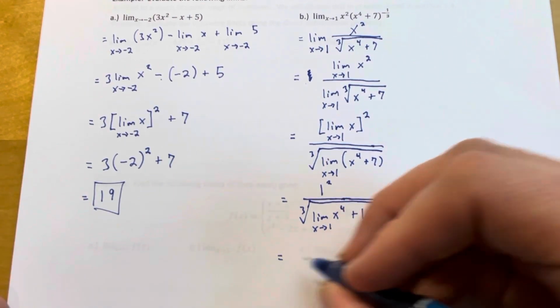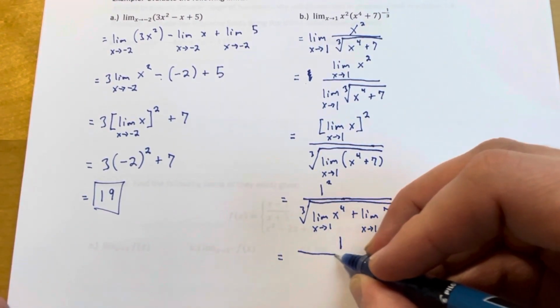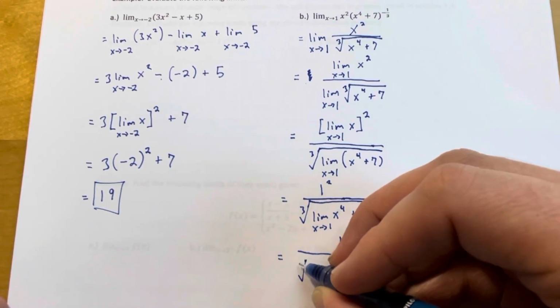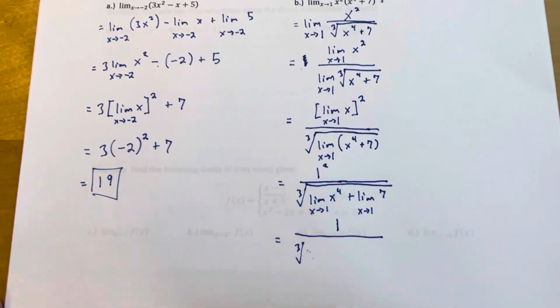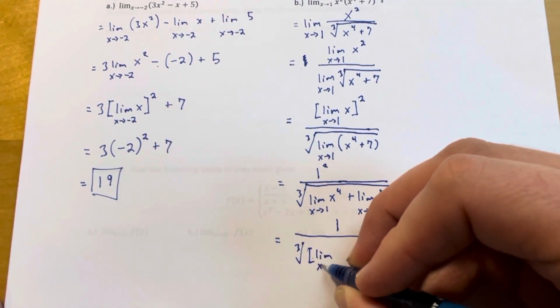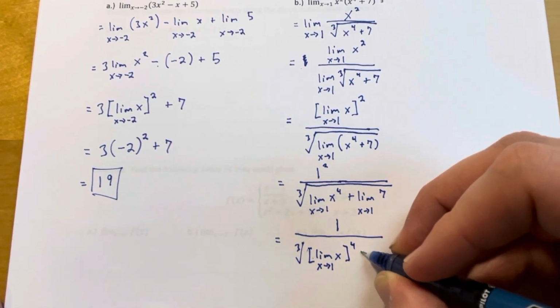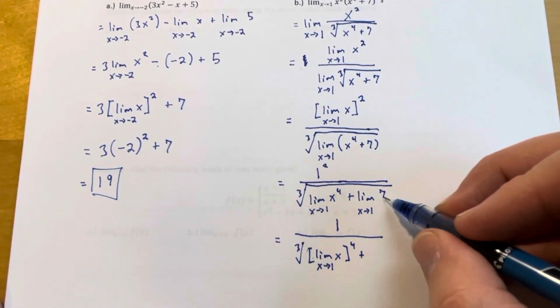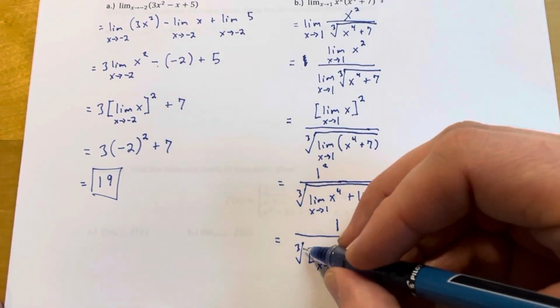Almost there. Okay, 1 squared in my numerator, I know that that's just the same thing as 1. Then I have this cube root down here. We can bring limits into powers, so I can write that as the limit as x approaches 1 of x to the 4th power plus, and then we know that when we take limits of constant functions, we just get that constant back. So that's just going to be 7.